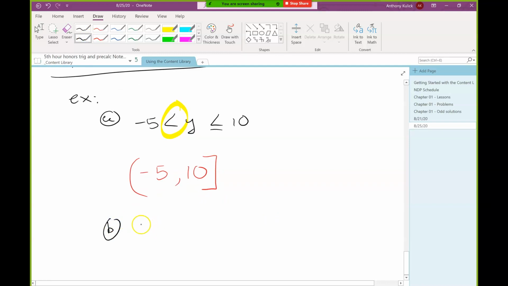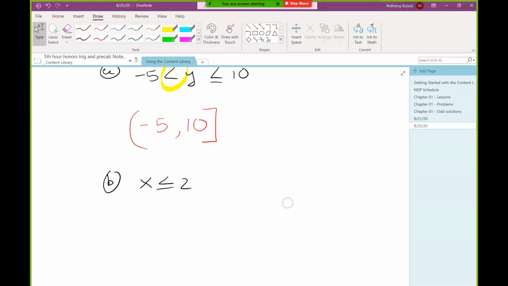We'll do just a couple more. But you guys seem pretty comfortable here, which is excellent. How about x is less than or equal to 2? This one, it's a little trickier. What's the lower bound? -infinity, right? There is no smallest number less than 2, but we use -infinity as our placeholder.